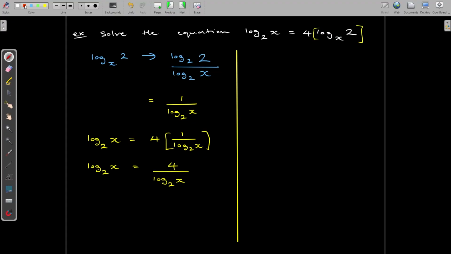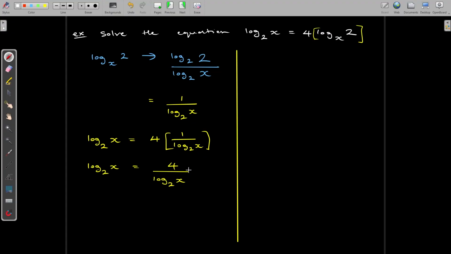Could we have said let y equal log base 2 of x? Is that possible? Or could we have just multiplied both sides by log base 2 of x? Which approach do you think would be better?